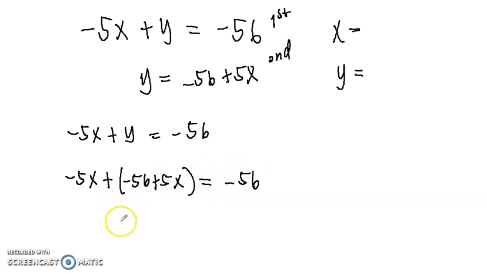Therefore, negative 5x and 5x become 0, and negative 56 is equal to negative 56. So x is equal to 0. And then if x is equal to 0, therefore the value of y is negative 56.